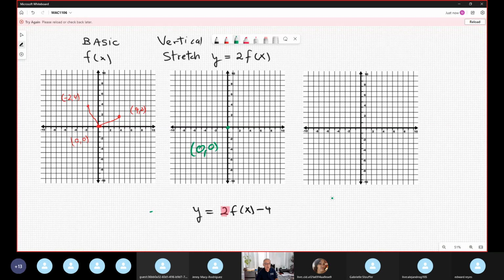However, this point at 4,2 now is 4,4. Because we multiply the y component, 2 times 2, and 2 times 2 is 4. 4,4. And this guy is 4,8. So minus 2,8, sorry. Minus 2,8 here.